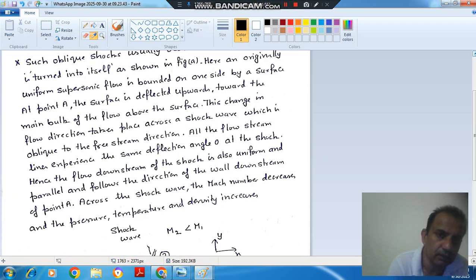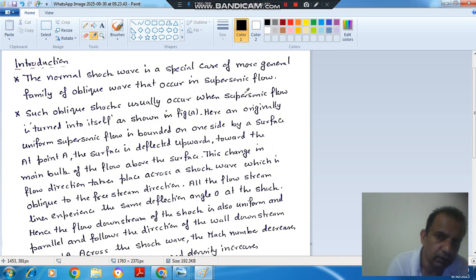So here I will read it. First point is the normal shock wave is a special case of a more general family of oblique waves that occur in supersonic flow.